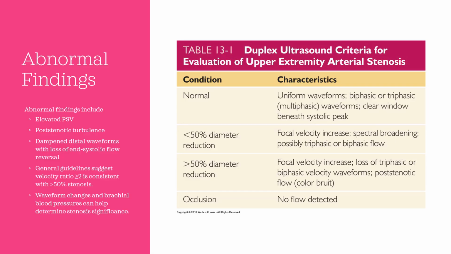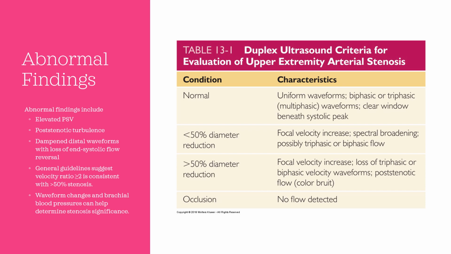All right, so if we really want to evaluate our abnormal findings, just like we did with the lower extremity, we're going to be counting on those peak systolic velocities to tell us exactly what percentage of diameter reduction we're looking at. You can see on the chart here that it's giving us some conditions and characteristics.